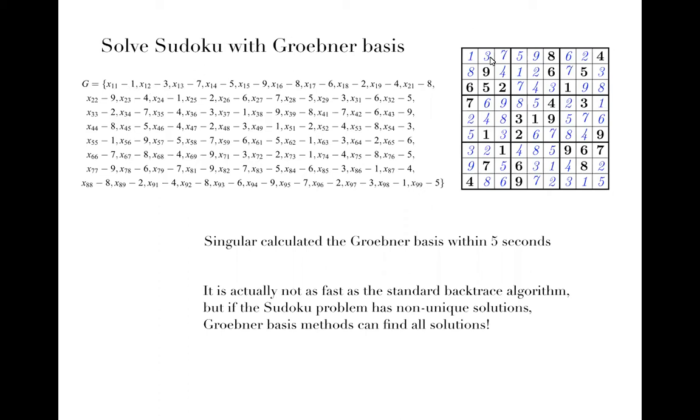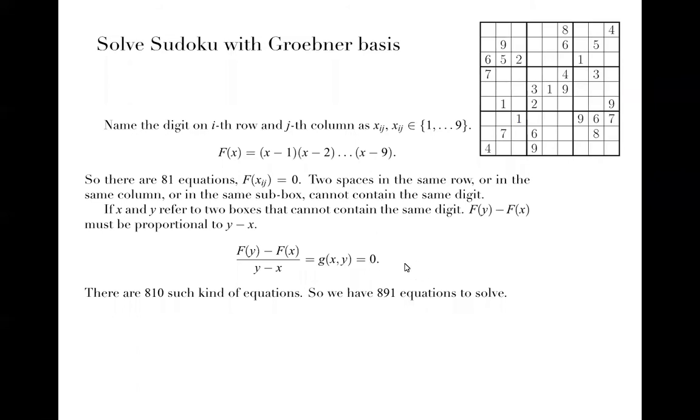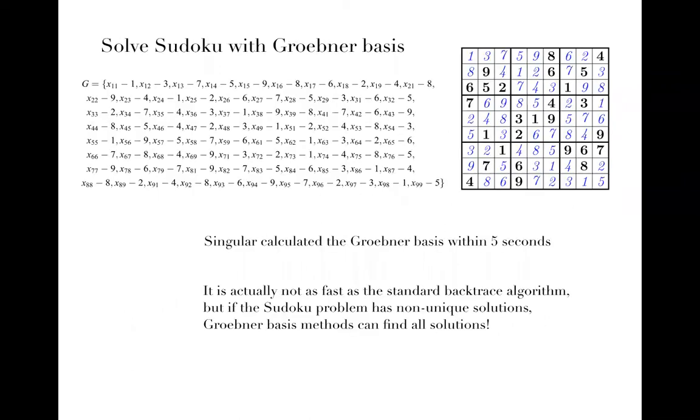That just means in the beginning this system contains all the constraints, but the degree is very high and there are so many equations. But after you clean up the generating system by getting the Groebner basis, you get all linear equations, then only one solution, and solve this problem in 5 seconds.